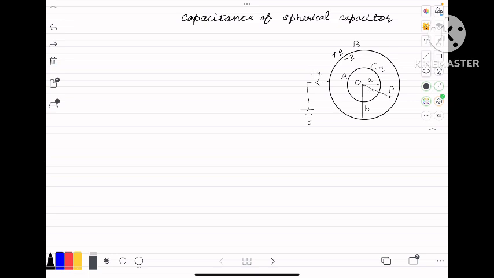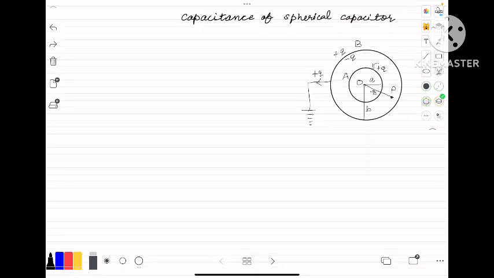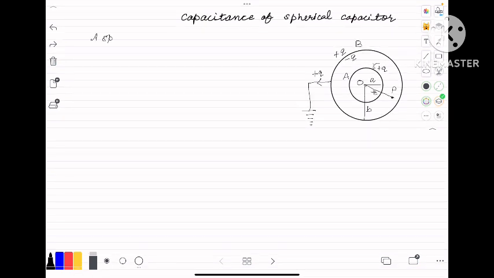Okay, now let's write. A spherical capacitor consists of two concentric hollow conducting spheres.